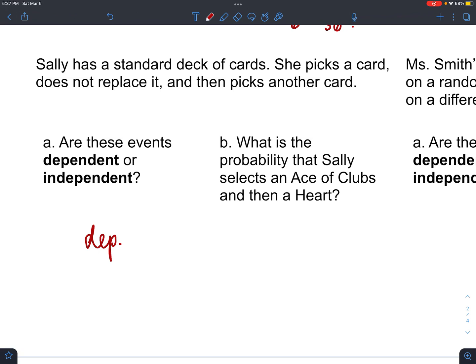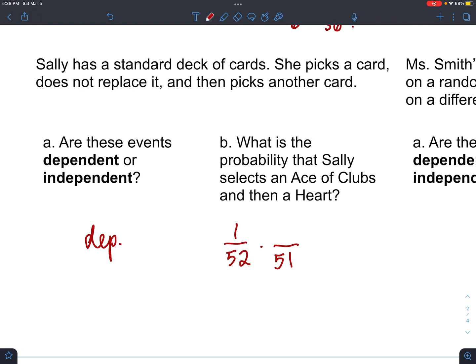Okay, so what's the probability that you select the ace of clubs? There's only one of those, so that's 1 out of 52 times the probability of you picking a heart. Okay, we don't have 52 cards anymore. We have 51. You see? So that's where the dependent part comes in.